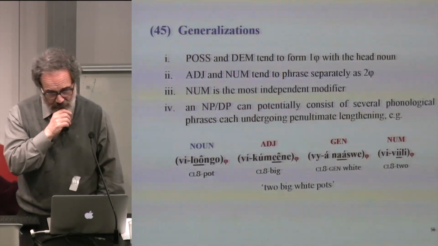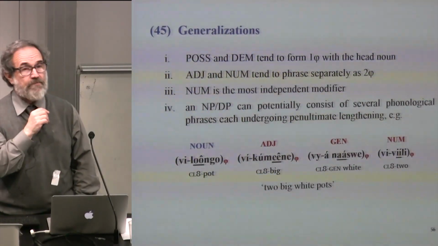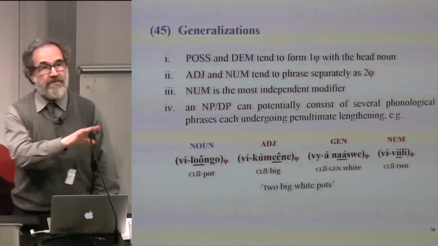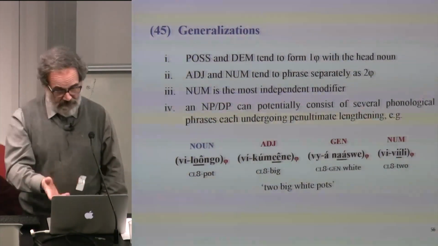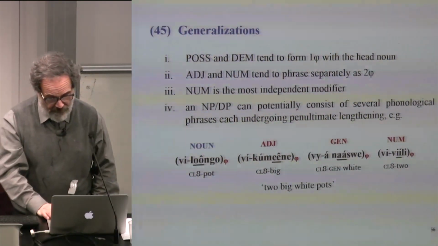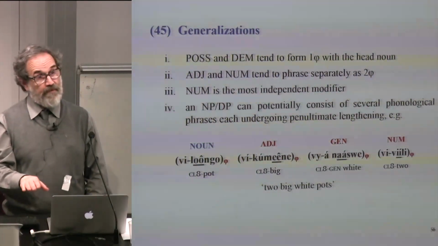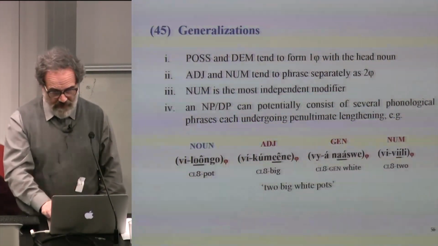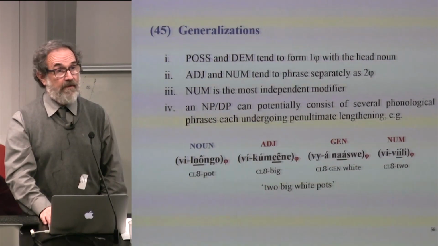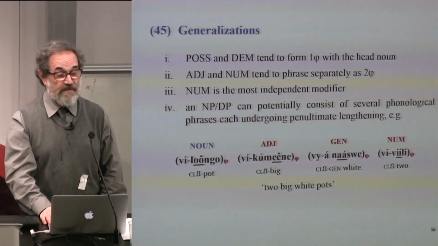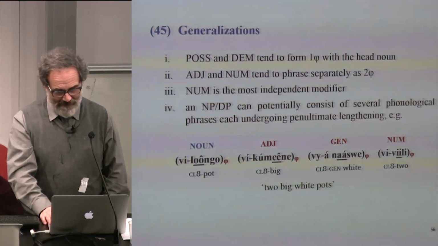And then finally, of course, the question arises, what happens when you have a noun and then several modifiers? And generally speaking, here's an example: 2 big white pots. So pots, big, white, 2. And you can see each of those words has undergone penultimate lengthening, which originally, remember, was intonational. Okay.